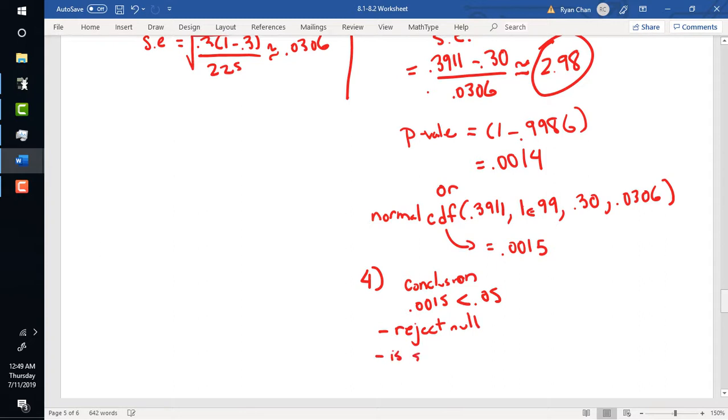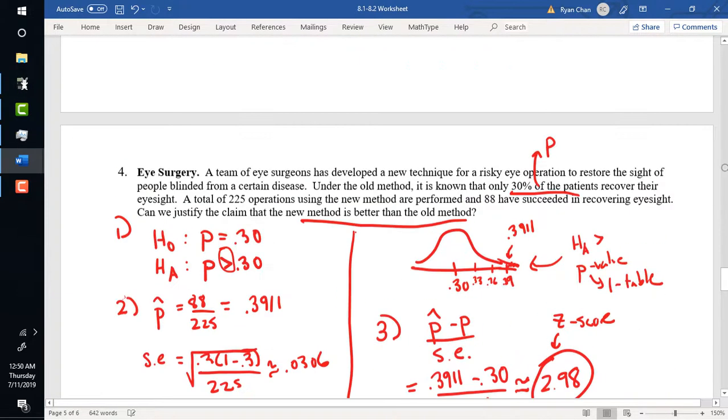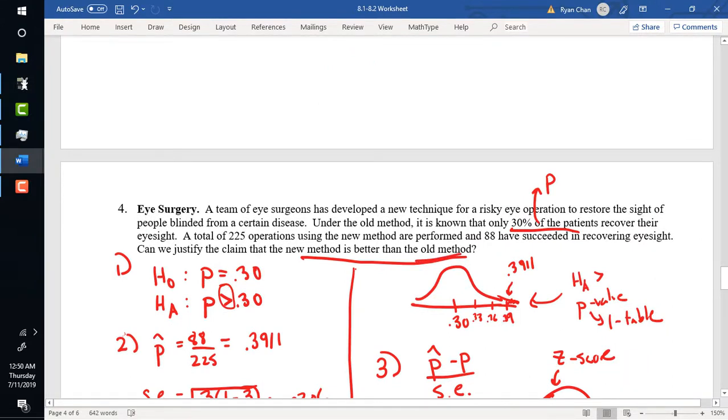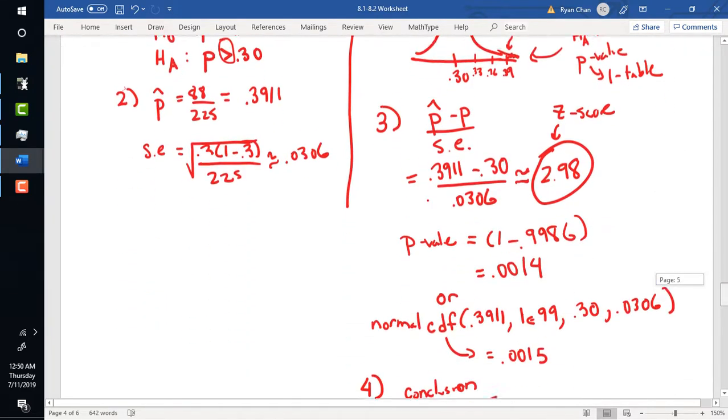And then we say there is strong evidence that the new method is better than the old method. The idea is this last sentence highlights that. Okay, so that's pretty much it.